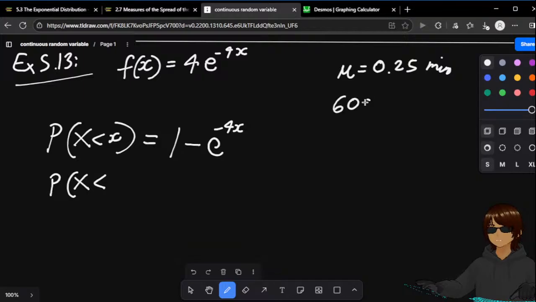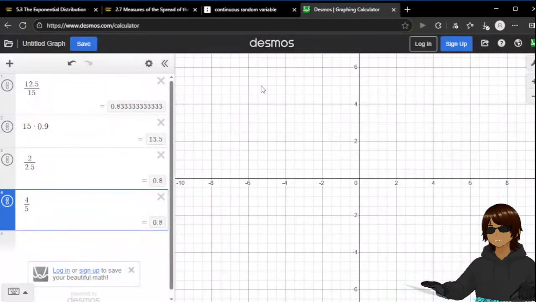So 60 seconds is 1 minute. I divide this by 60, so 10 seconds is 1 over 60.